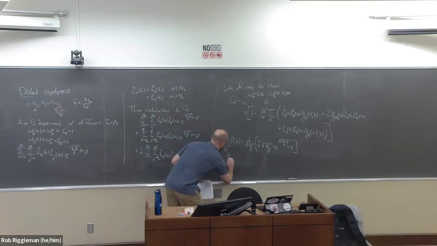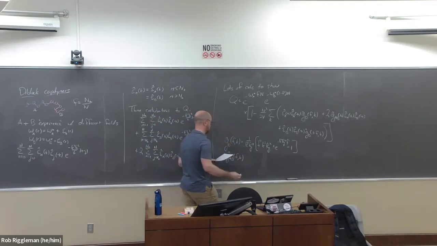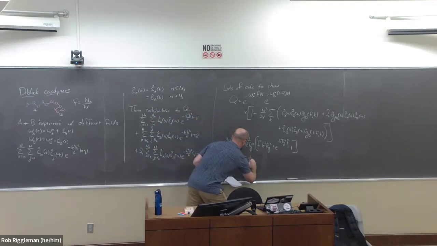And GAB, the cross term, depends on F and K. It's the same prefactor, K squared, G squared.